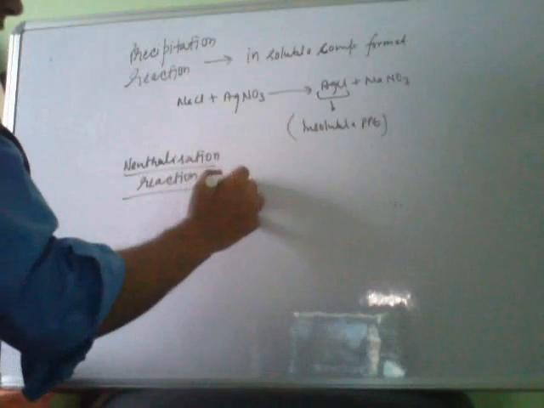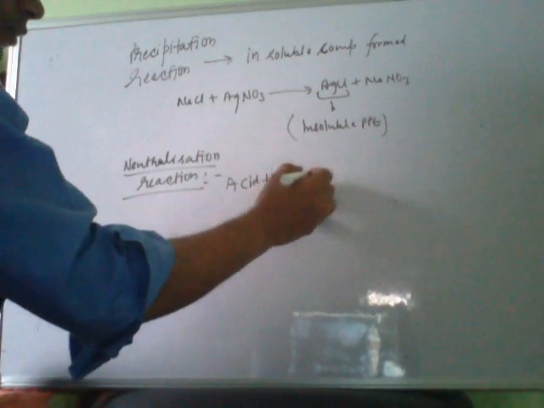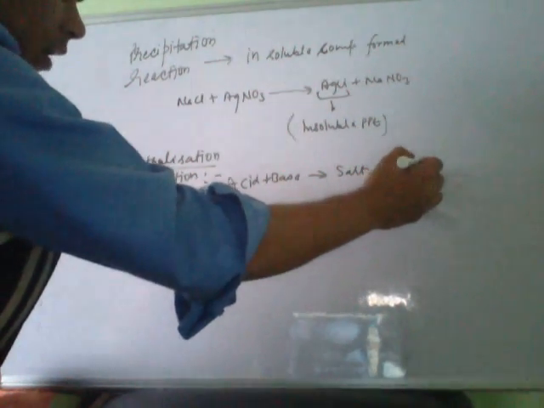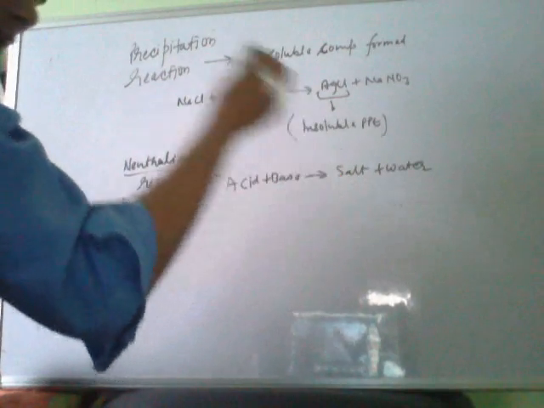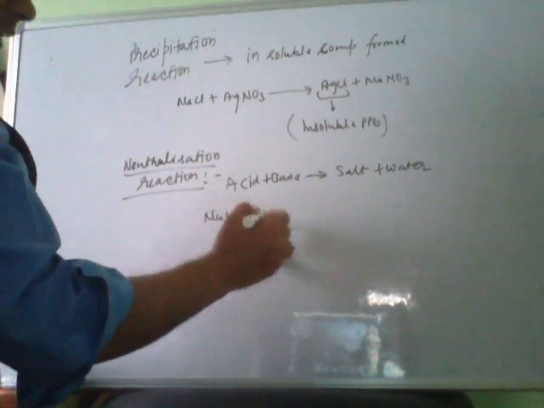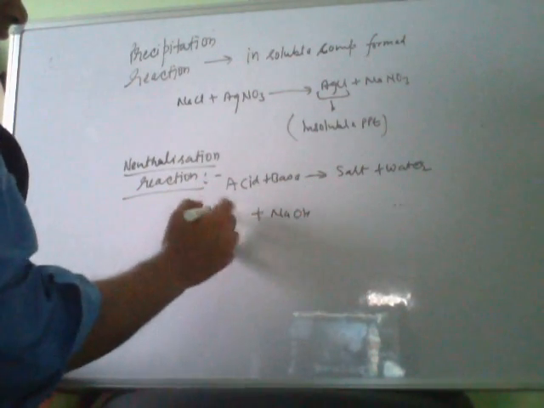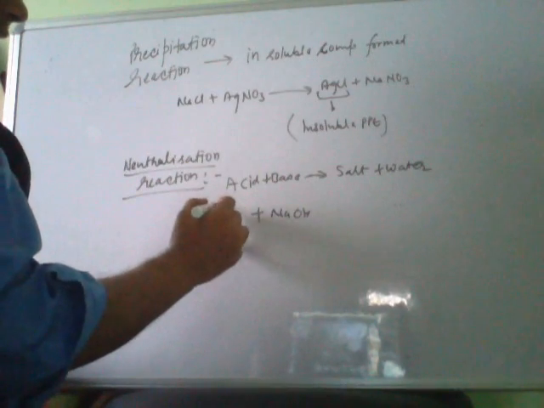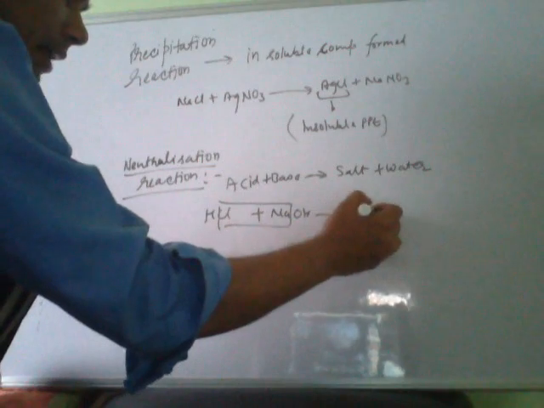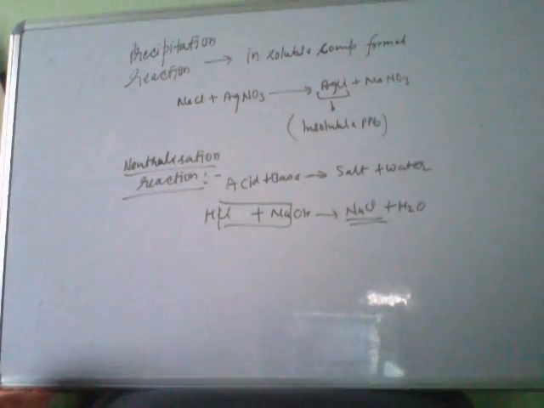So acid plus base forms salt plus water. For example, HCl treated with the base NaOH forms NaCl plus water. This is known as a neutralization reaction.